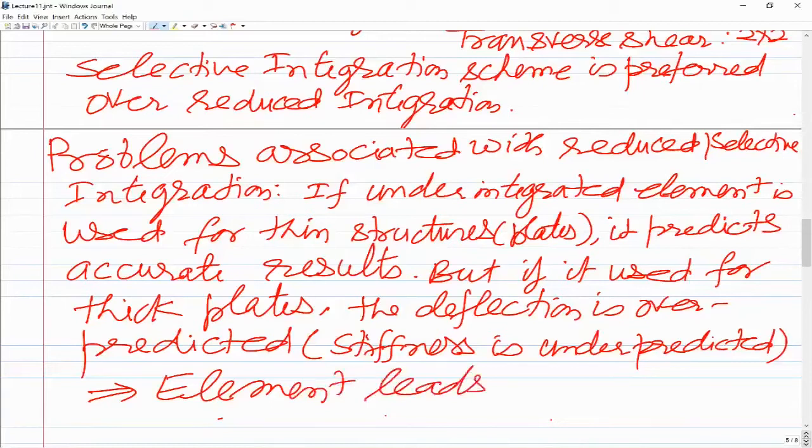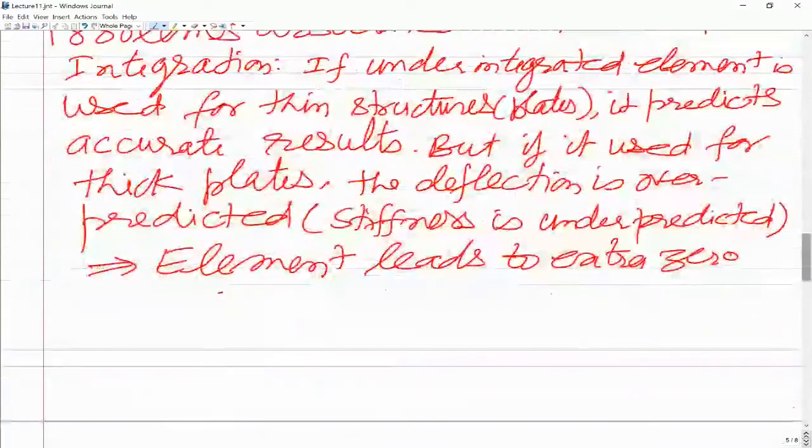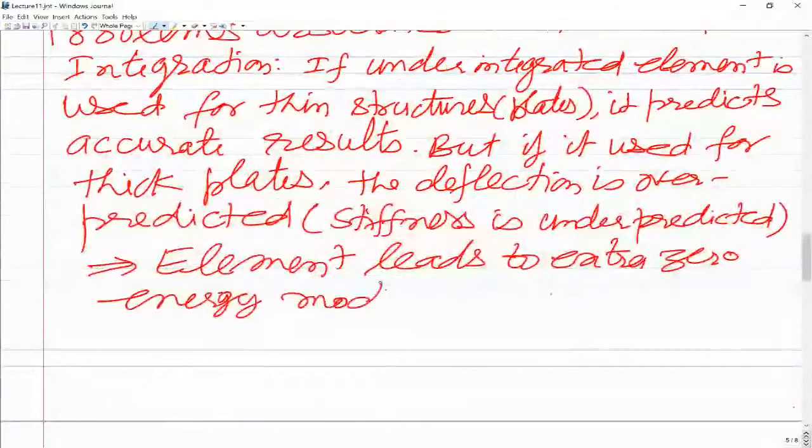So when this element is used for thick problems, the element leads to extra zero energy modes. Energy means basically strain energy. These modes are also called spurious modes, which are not the physically correct zero energy modes.